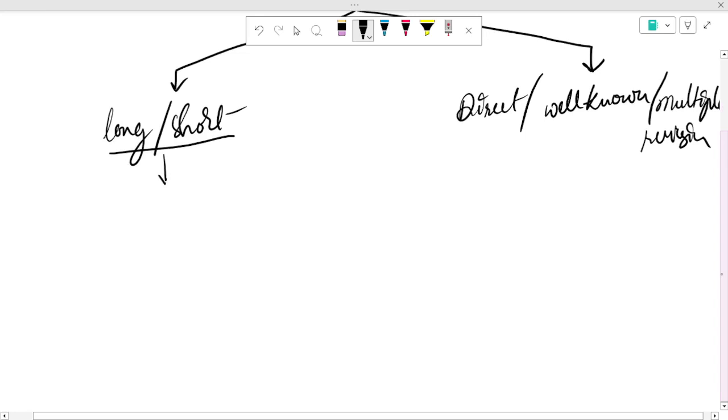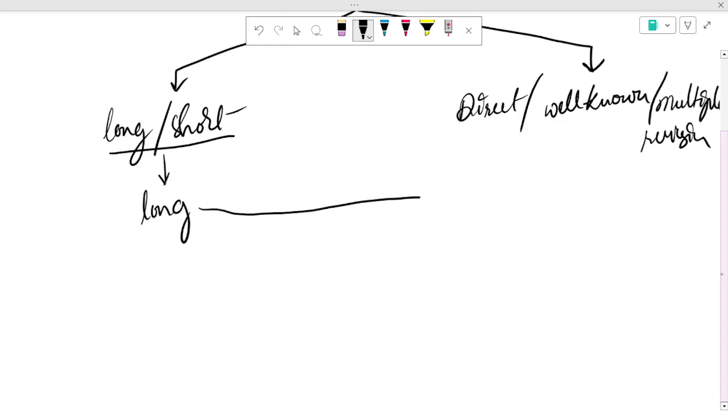If the question is long, then you check whether it is direct or well known, or a multiple-revision question. If it is, you read the complete question and try to attempt the MCQ.